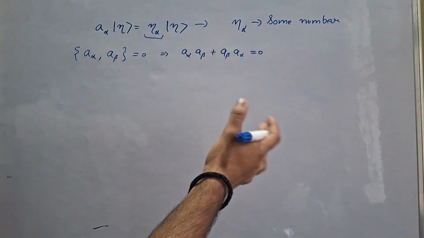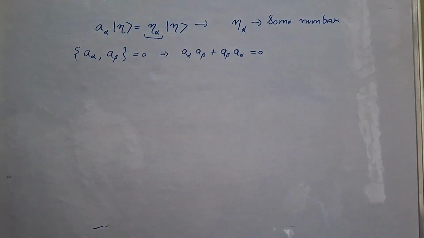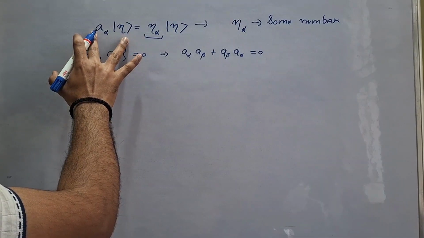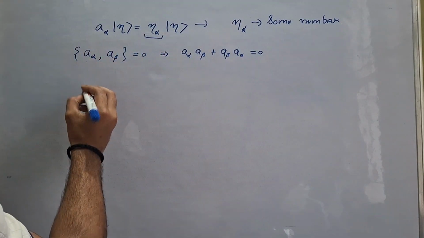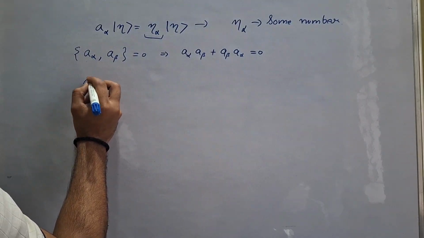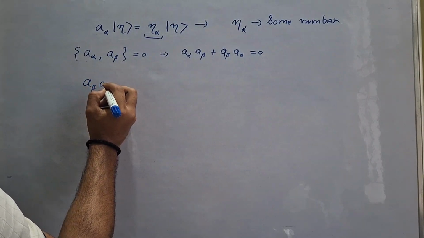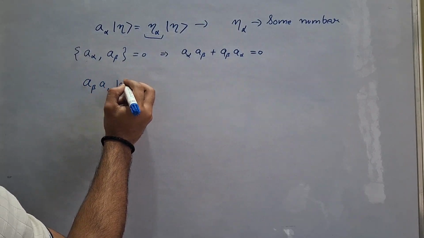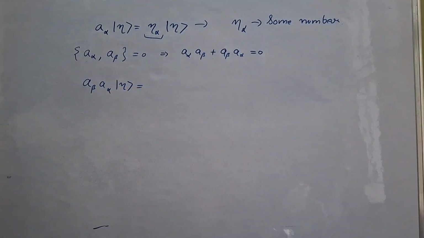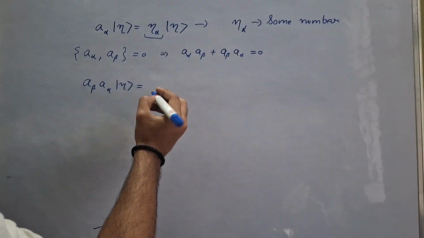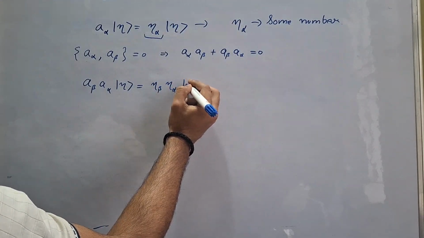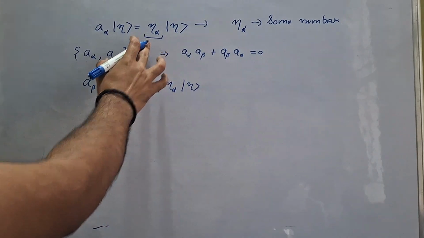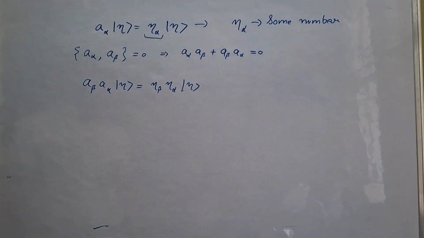What number, complex number, real number, we will see, because if you again act A beta here in this equation, you will get A beta A alpha on eta, and you will see that you will get eta beta eta alpha and eta, because this is just a number and this A beta will act on this.